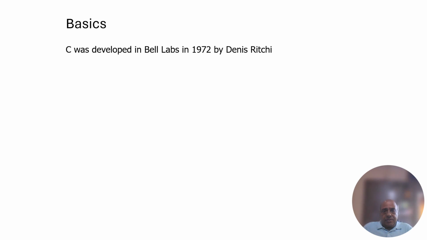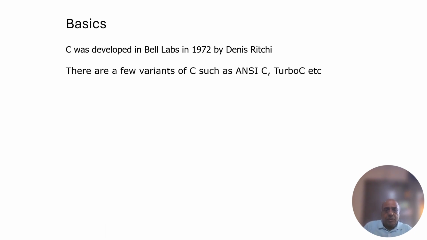Even after passing 50 years, the language is still in use and is one of the favorites of the software developers. There are a few variants of C, such as ANSI C, Turbo C, etc. We will be learning Turbo C.